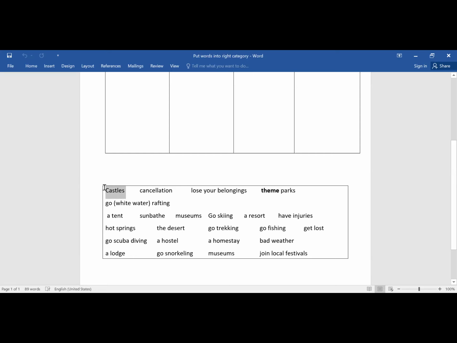Which other letter is silent when you say this word? Not A, not E. Okay, let me help you out here. Can you say this word with letter T being silent? Castle. Letter T.